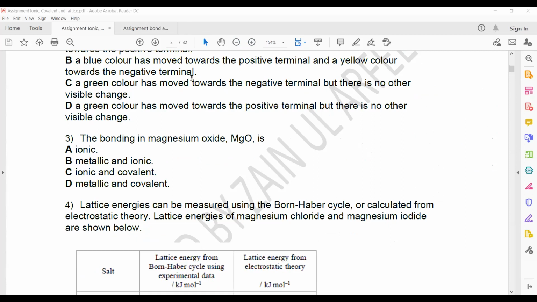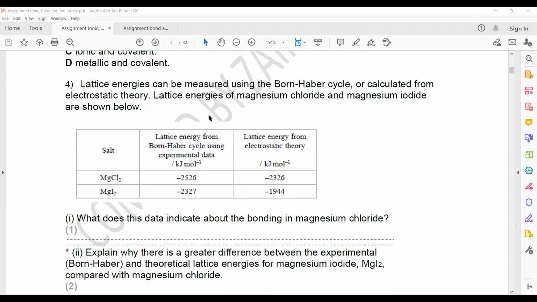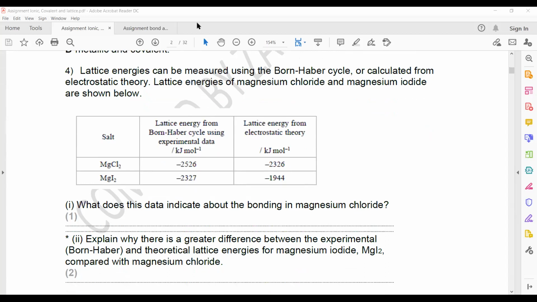We call that a covalent nature if distortion occurs. Look, in this question, you can see here, the lattice energy can be measured by using a Born-Haber cycle or calculated from electrostatic theory. Born-Haber is a practical, experimental value, and electrostatic theory is a theoretical value in which we assume ions are perfect spheres.